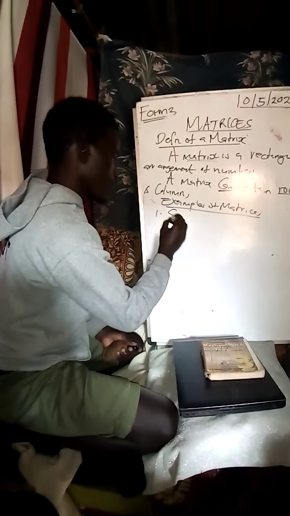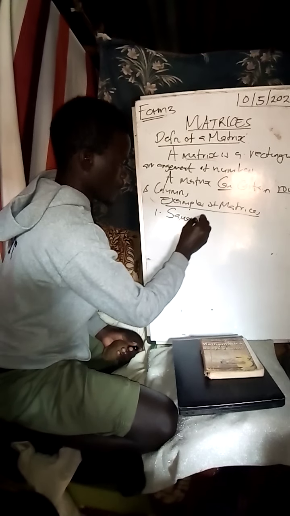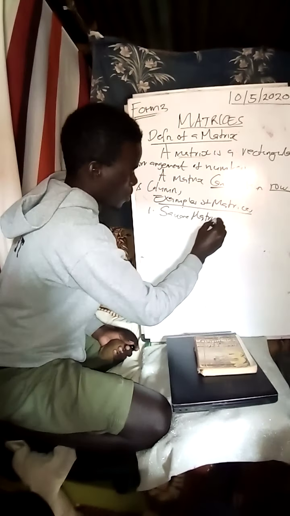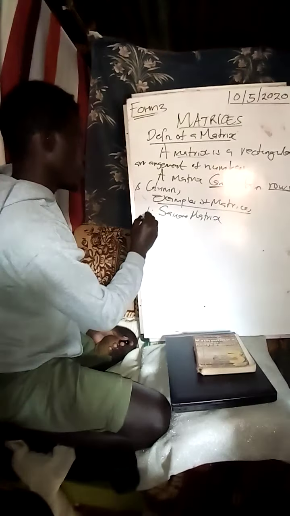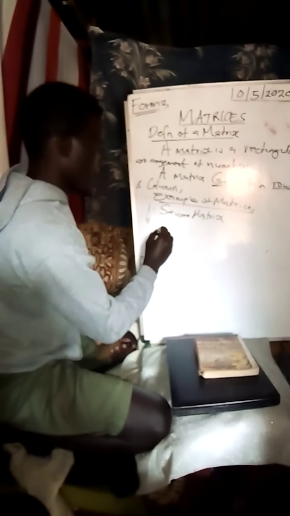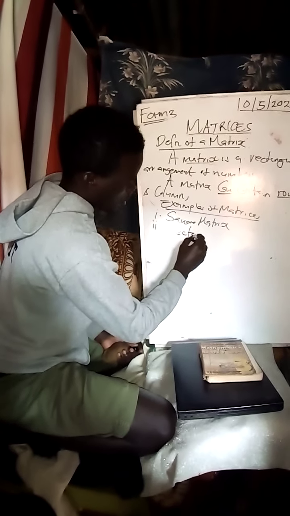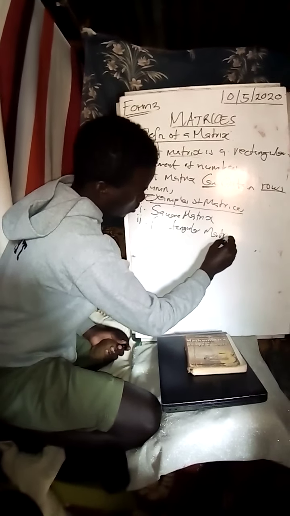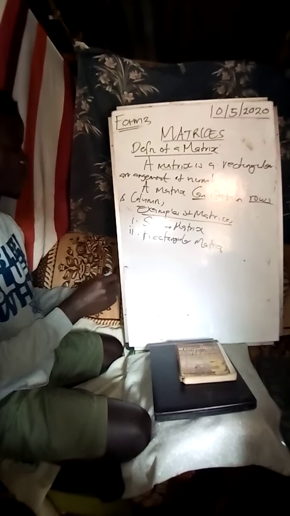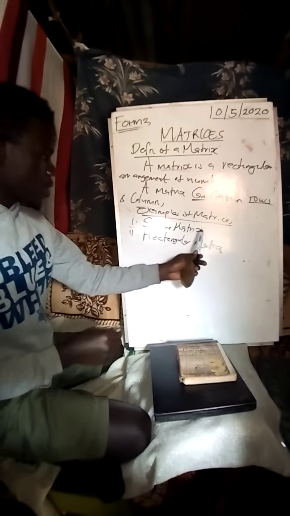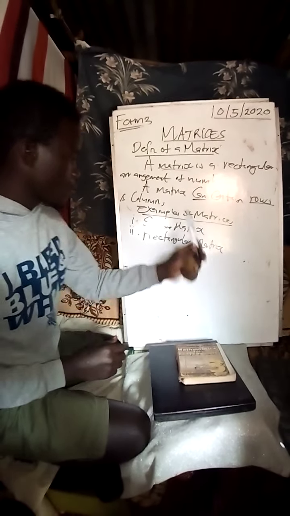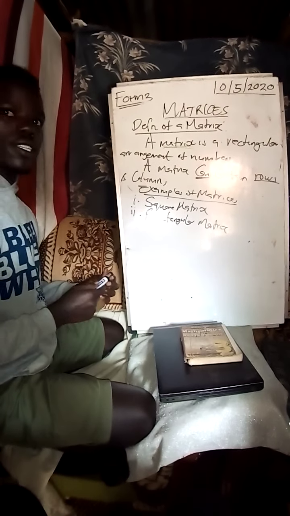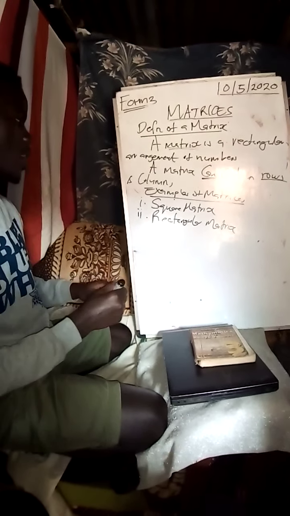One, we have the square matrix. And two, we have the rectangular matrix. So a square matrix and a rectangular matrix are the kinds of matrix that we are going to look at.